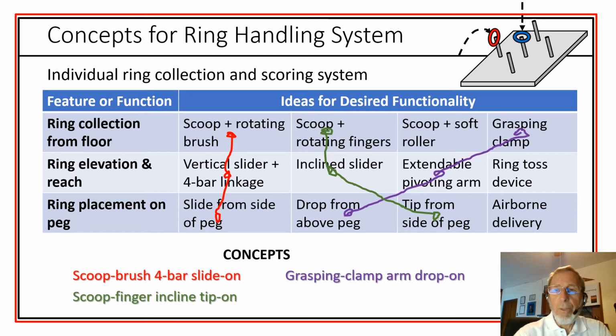The third one might be using some kind of a grasping clamp to grab the ring, then an arm that extends and pivots to position, and then dropping the ring from above the peg to get it on the peg. And the fourth one might be a scoop aided by a soft roller and then tossing the ring to get it on the peg. So each of these four could be a concept that we might consider further.